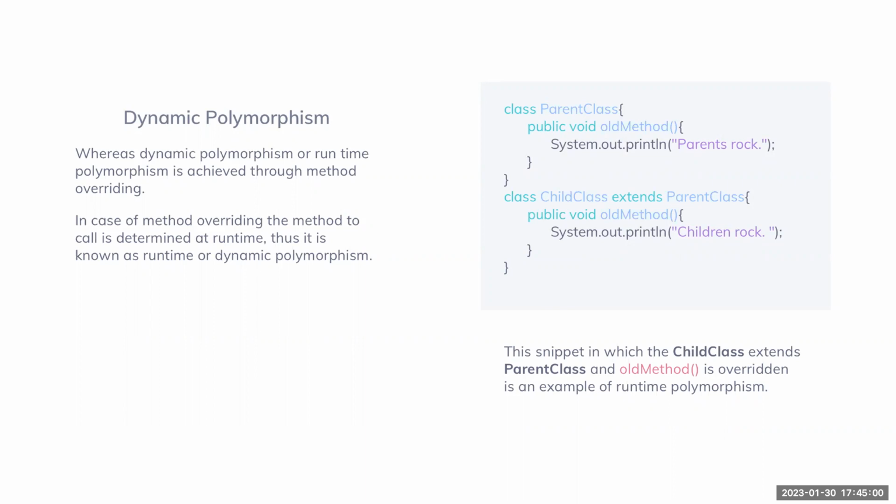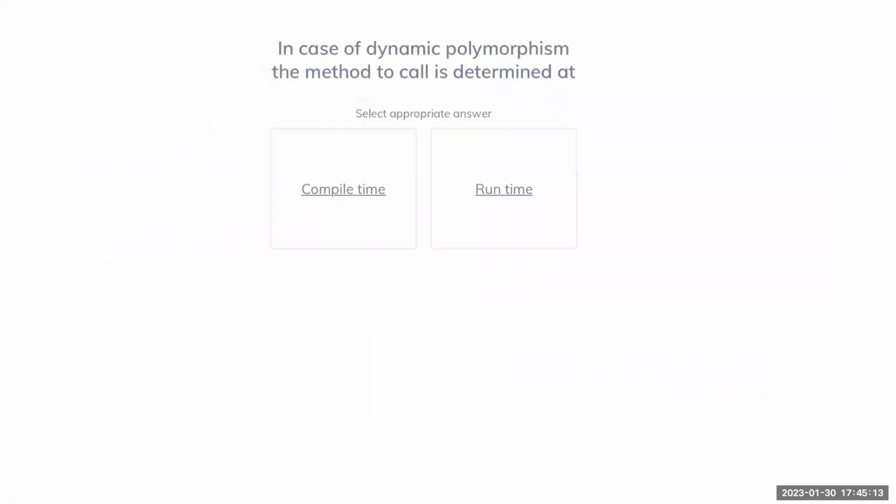That's why this is called runtime polymorphism. Hope it is clear. In case of dynamic polymorphism, where exactly does it go: compile time or runtime?